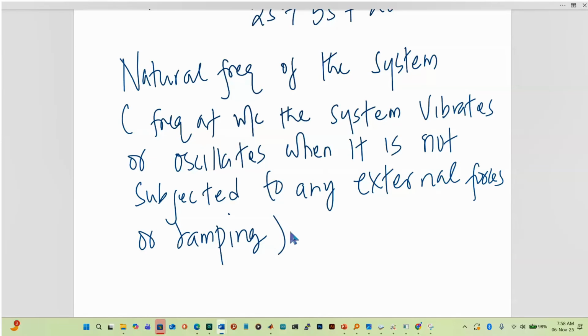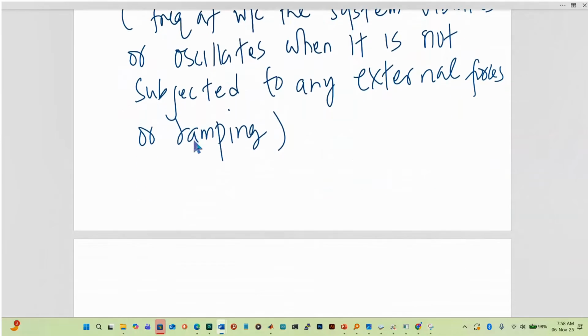It is a fundamental property of the system that depends on its mass, stiffness, and other physical characteristics.